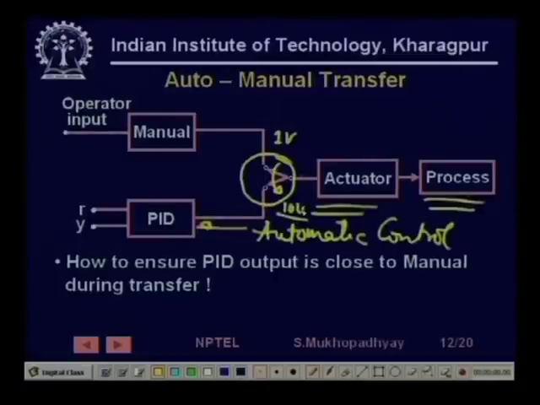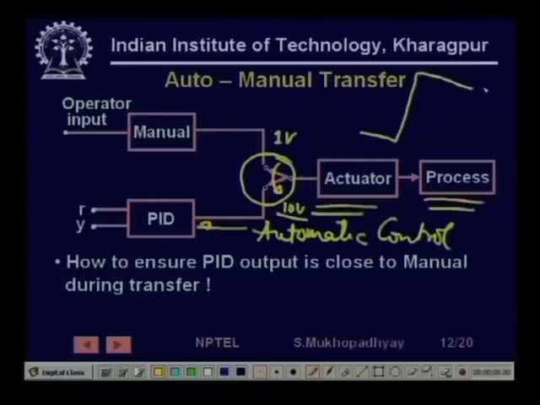Previously the actuator was getting an input of 1 volt. Now, from 1 volt suddenly a 10 volt output will go to the actuator. So, the actuator, if it is a motor or a valve, might get a shock. Similarly, the process will also tend to get very high inputs.